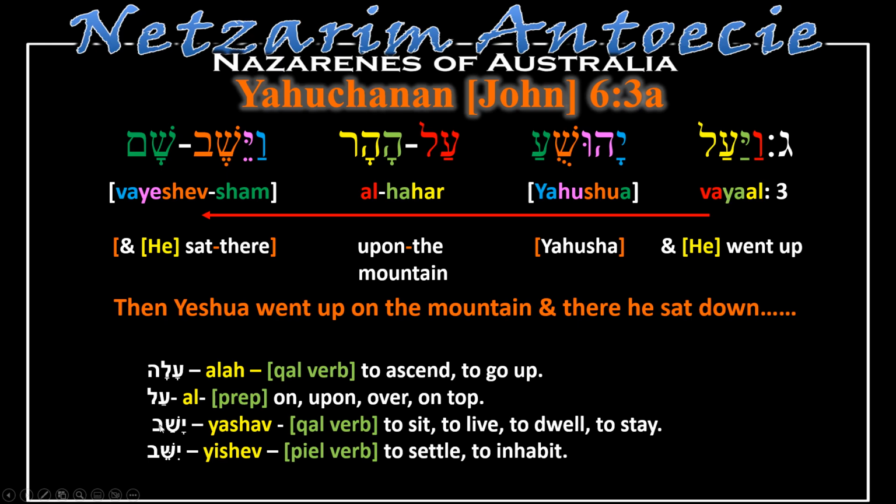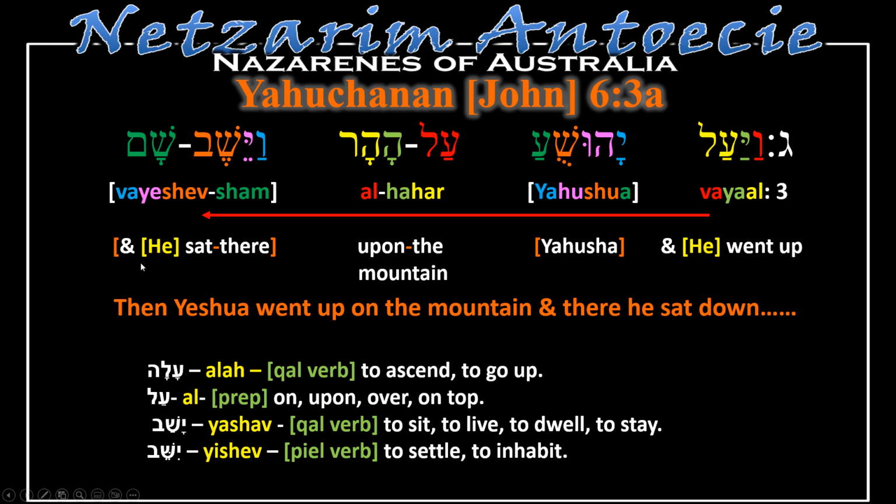So if we look down here, its root is alah, a qal verb to ascend, to go up. But also as a preposition, al is on, upon, over, on top. But it's not a preposition up there. And he went up. And it is Yahushua or Yahusha. Al, now it is upon, because it's like a prep. Ha-har, meaning the mountain.